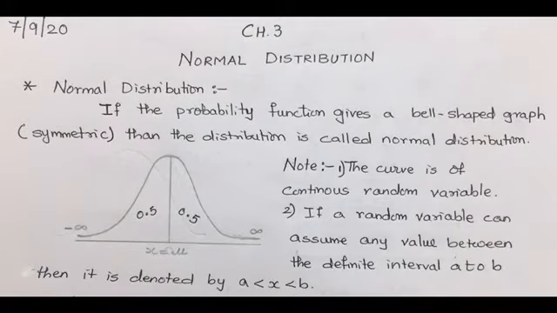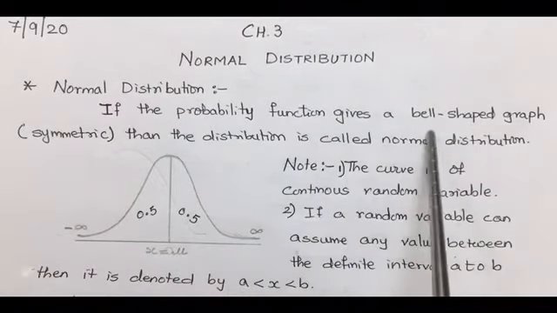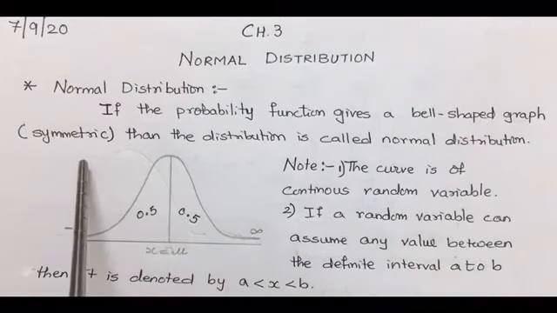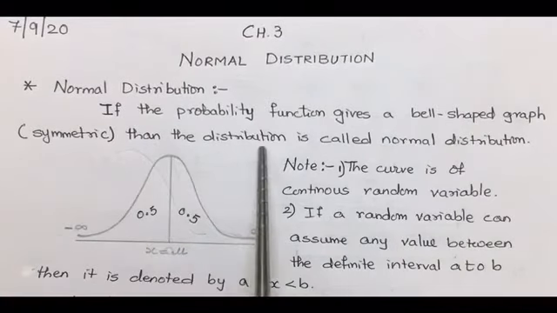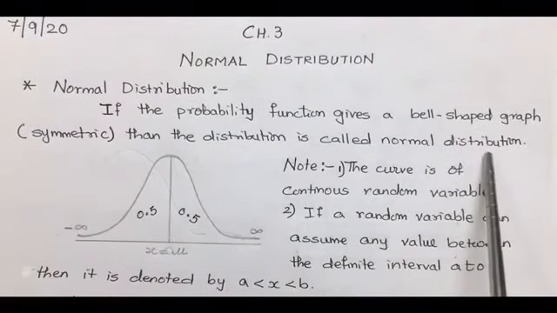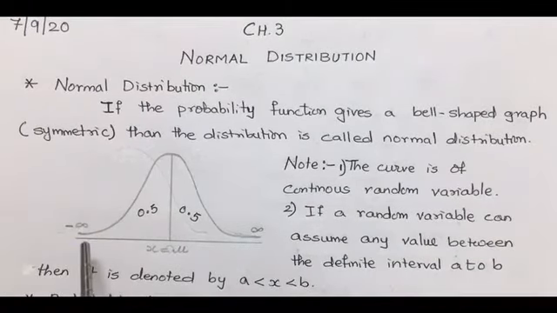Now beginning with the definition of normal distribution, it is if the probability function gives a bell-shaped graph and this bell-shaped graph will be symmetric, then the distribution is called normal distribution. Now here the probability is going to give us a symmetric graph. You have already studied in skewness, positive skewness and negative skewness.